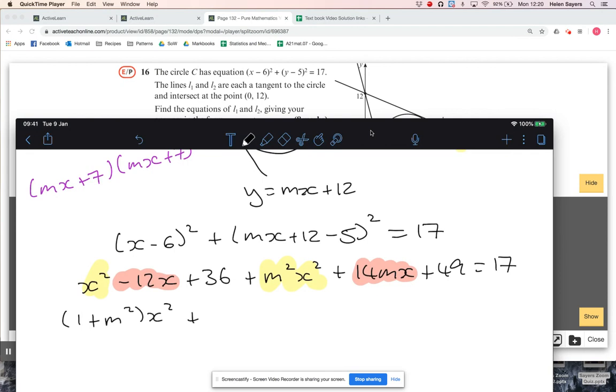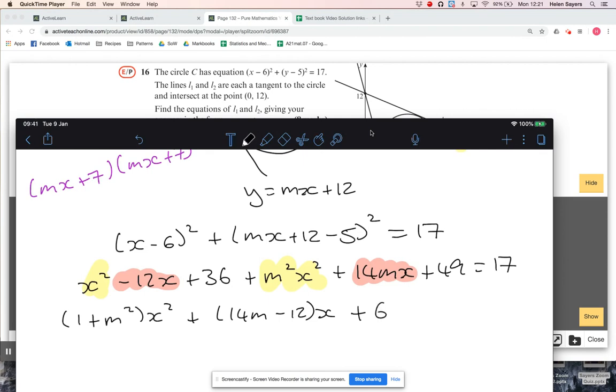Rather than write them as 2 separate terms, I'm just going to take out the 14m and the minus 12, so I've just got that single x term. And then the constant is nice and easy. I've got 36 plus 49, and then I'll minus the 17.